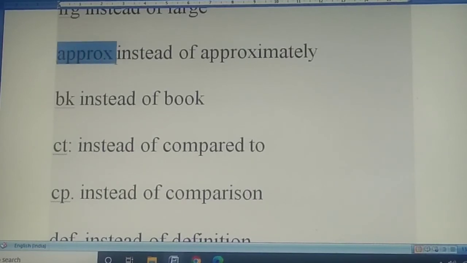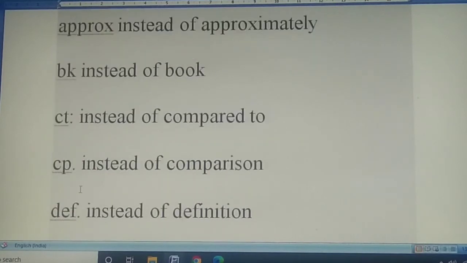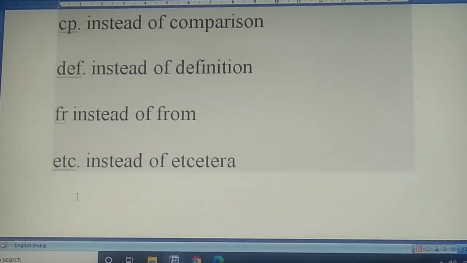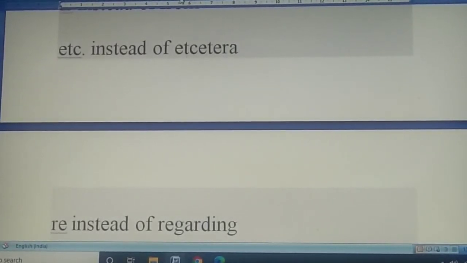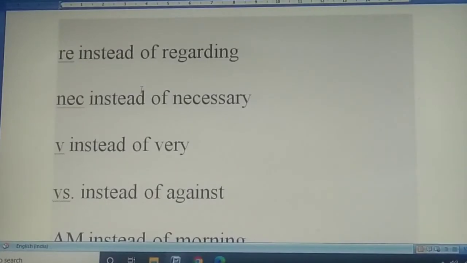Then instead of book, you can write BK. CT, compared to. CP, comparison. DEF, definition. FR instead of from. But generally from and all these small words we do not abbreviate, but anyway it is okay. Etc. RE, regarding.